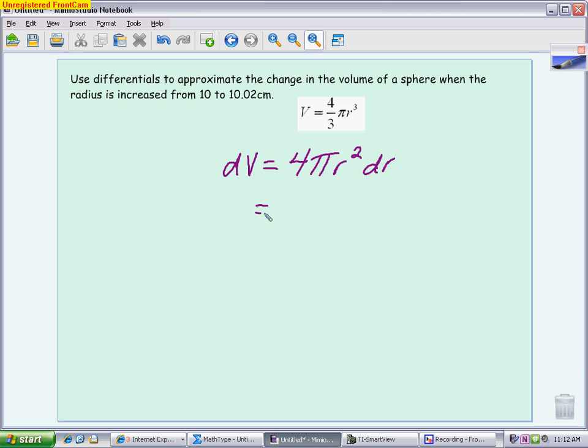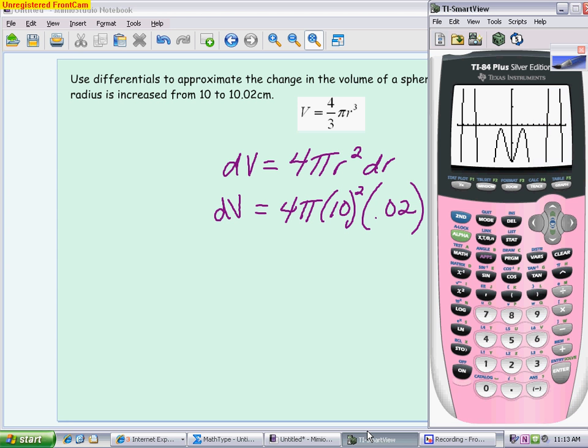You know that my radius was initially measured to be 10, and then the change in my new measurement is 0.02. And I'm looking for how that affected my volume, what the change in the volume was. So I'm going to go to my calculator, and I'm going to type in exactly what's here.